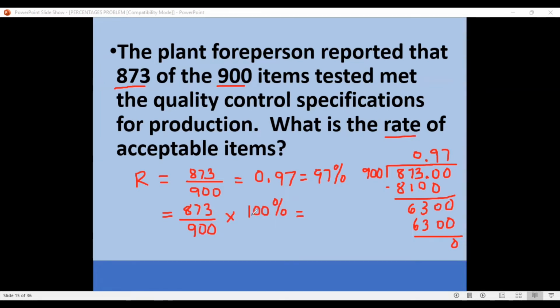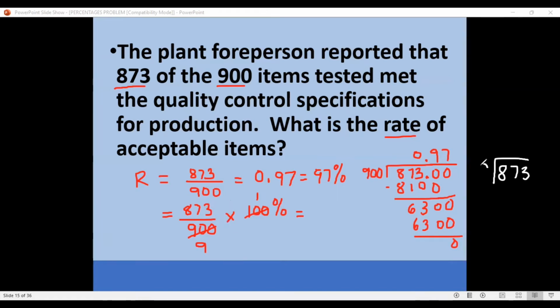Now, what are we going to do? We can make use of the cancellation process. We will just cancel the 900 with the 100, making this equal to 1 while the 900 becomes 9. So you will be working with smaller numbers, not unlike dividing by 900. The only thing that you are going to work with is the 873 and the 9.